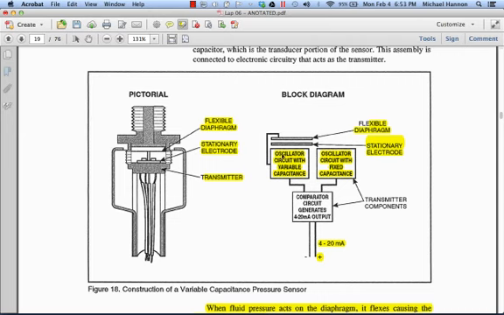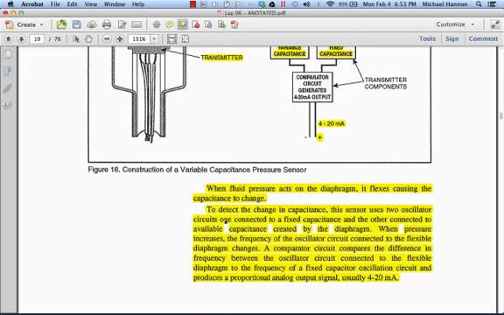The oscillator circuit from the variable capacitance is compared to that of a fixed capacitance. Those two signals are subtracted, and based on the fixed versus the variable, that gives you your output. This is exactly how this particular transducer transmitter is working on the laboratory equipment out in the lab.